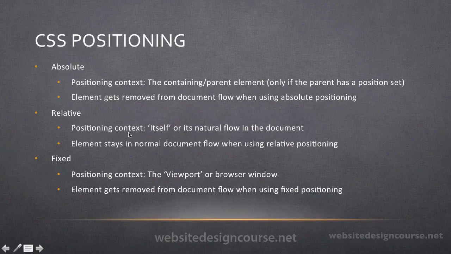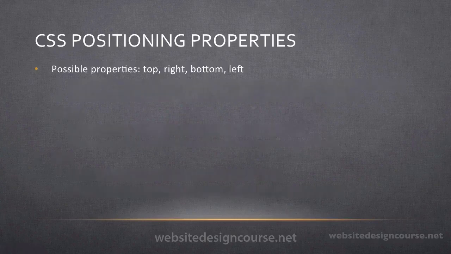Its positioning context is itself, or its natural flow in the document, and this element stays in normal document flow. The third type is fixed positioning, and fixed positioning has a context of the viewport, which is a fancy name for the browser window. And this element also gets removed from the document flow, just like absolute positioning does as well. So let's look at a quick sample of each of these 3 types in these next slides.